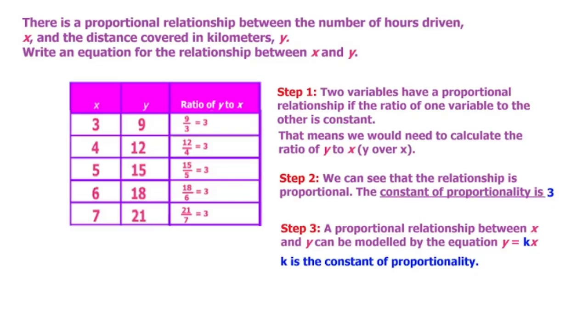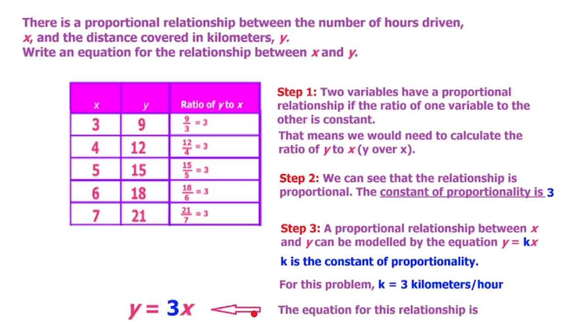So now we just need to put in our equation. So for this problem, k equals 3 kilometers per hour. So our equation for the relationship is y equals 3x. And that's it. That's how you do that type of problem.